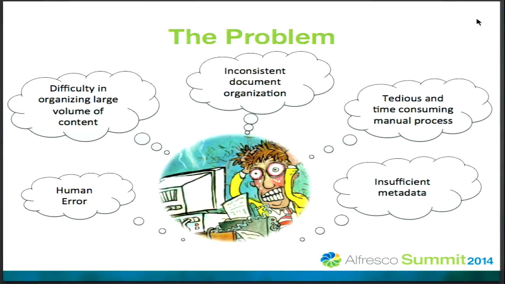So he's thinking, okay, their current ECM is Alfresco, and Alfresco is providing great features to organize the metadata and organize the content such as categories, tags and content model properties, and also to come up with a taxonomy structure, and using category manager.